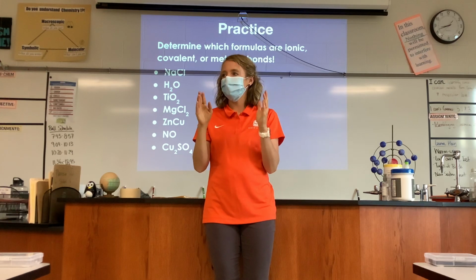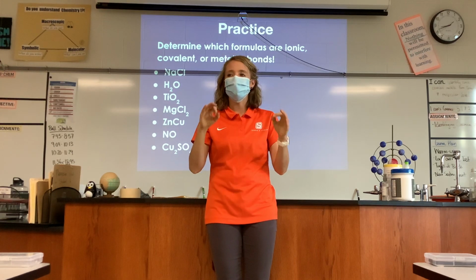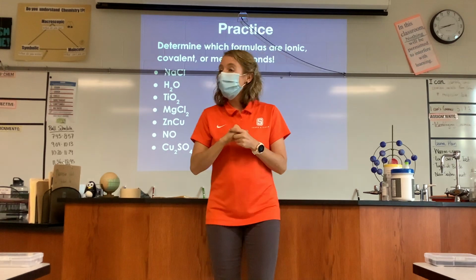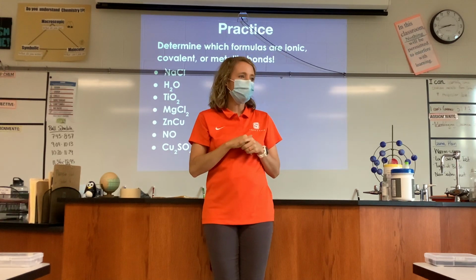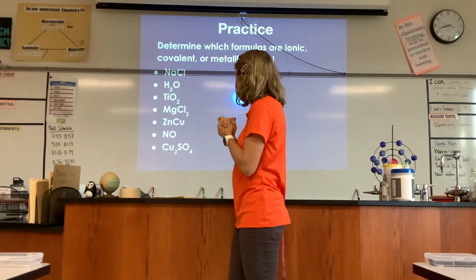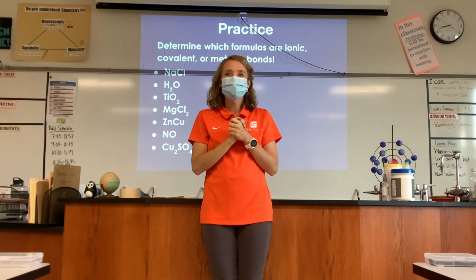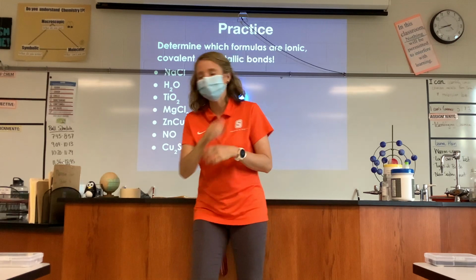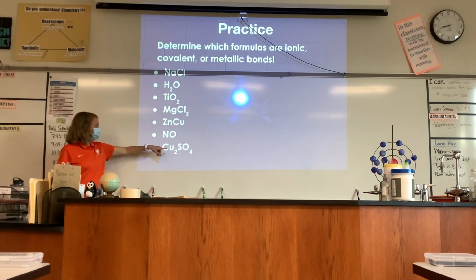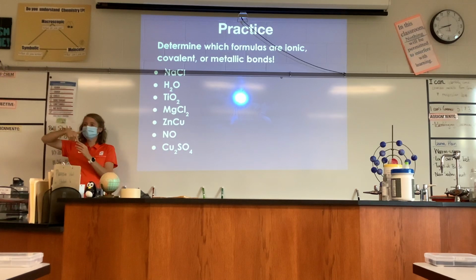So brass is a combination of zinc and copper blended together. NO, nitrogen monoxide, is covalent, very good. And copper 2 sulfate, ionic, very good. This one's kind of sneaky. Got them all wrong, so give yourself up to 7.